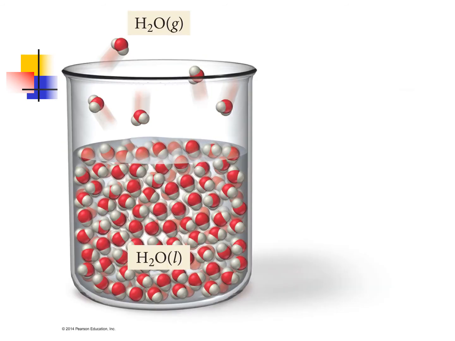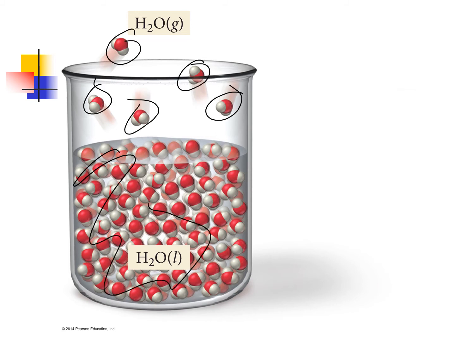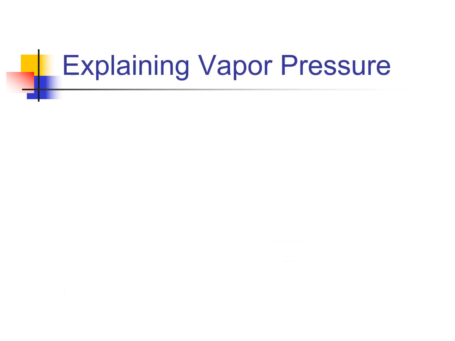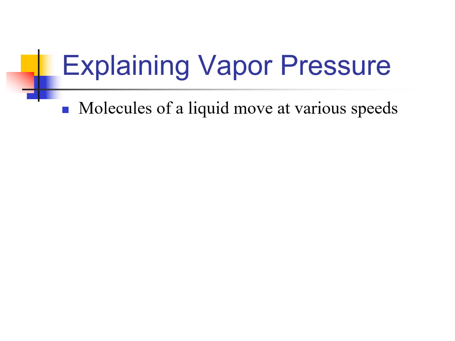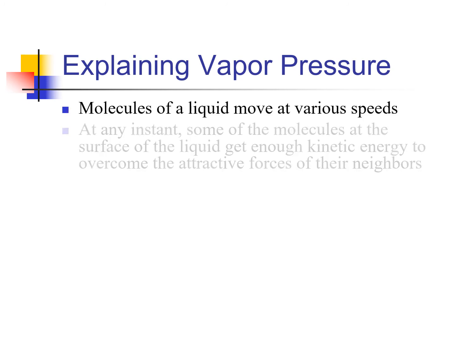Now we can see here liquid water. Most of it is liquid, but a few molecules do happen to get enough energy to turn into a gas. Because they're now a gas, they can create pressure, and we call that vapor pressure. Now explaining this, molecules within a liquid, as we know, move at various speeds.